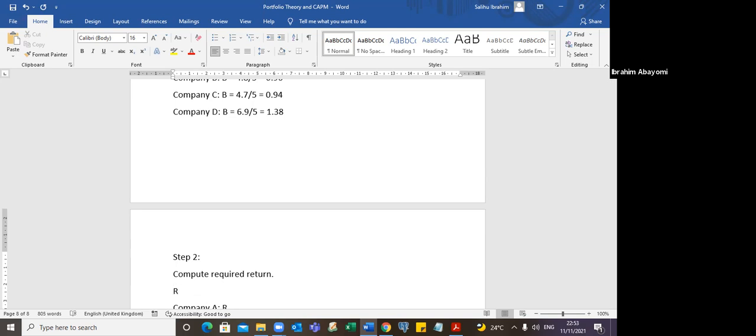Return is equal to risk-free plus beta times market return minus risk-free.